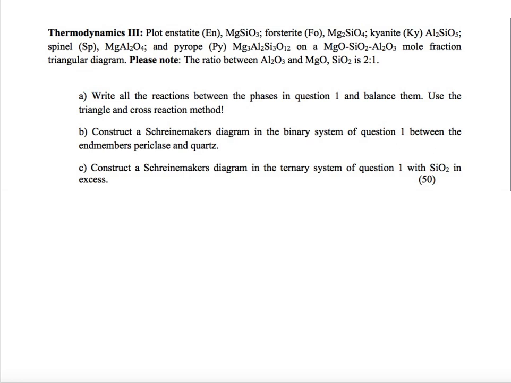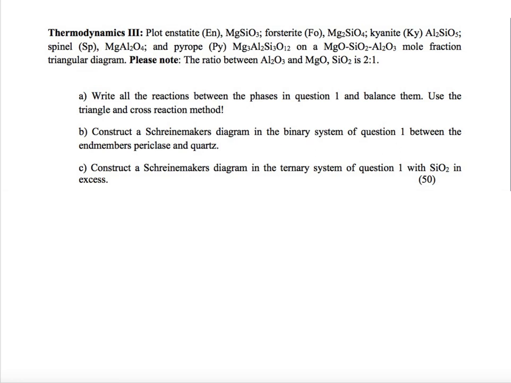You should put in your reaction triangle the relationship between Al, magnesium, and silica. Then you can plot all these minerals inside a triangle. You should know by now how this works. Then you should write all the reactions between the phases in question 1 and balance them.